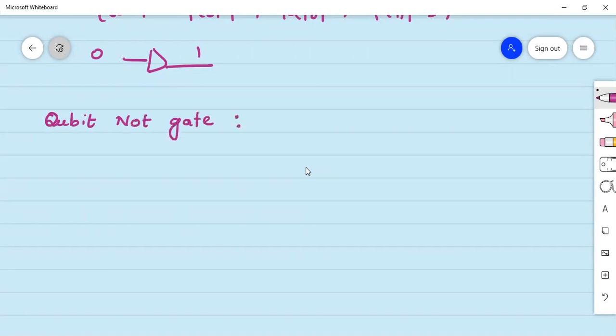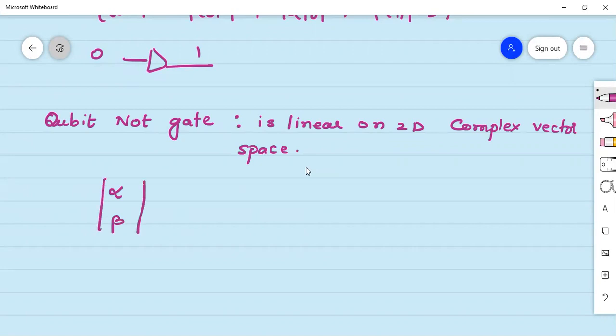We can represent it using a linear map on a two-dimensional complex vector space. Let's say alpha and beta, we need two values. Ultimately I want the result to be reversed. It should be beta and alpha. This is what I want.